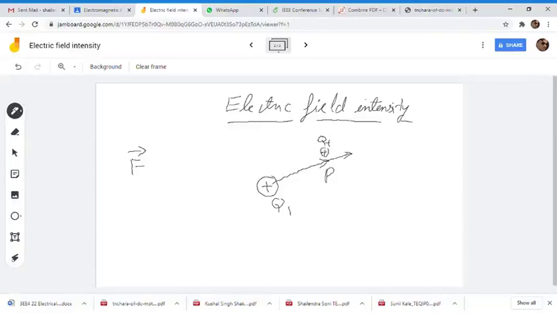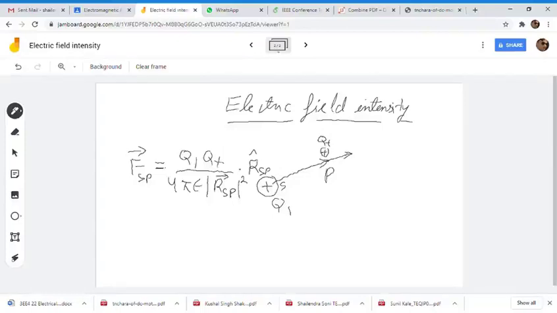Let us say this is the source and P is the position, so force SP will be q1 qt upon 4 pi epsilon, in the direction of unit vector RSP.